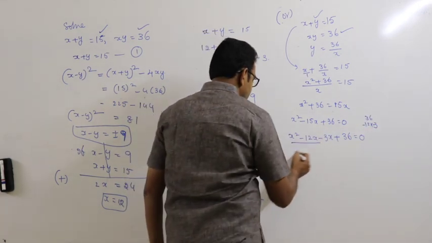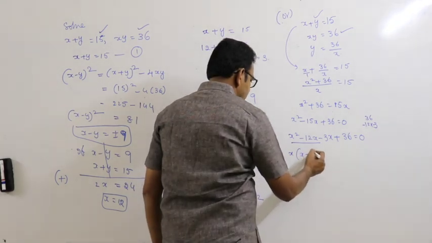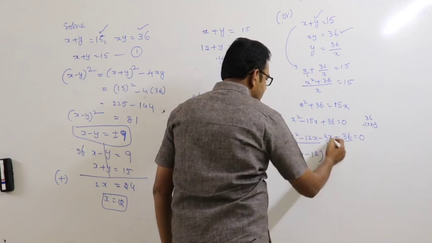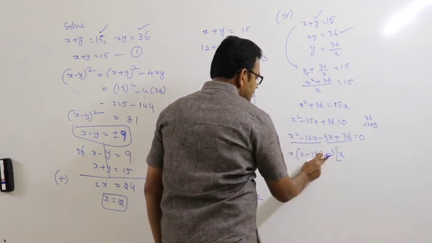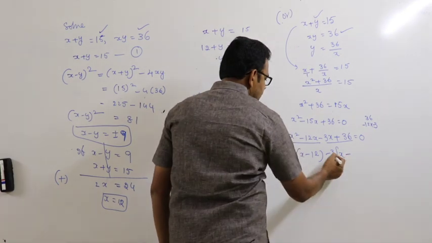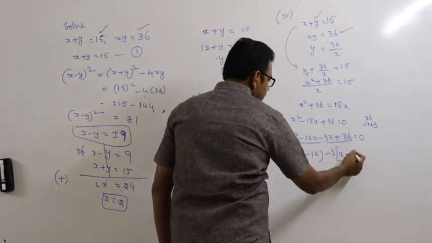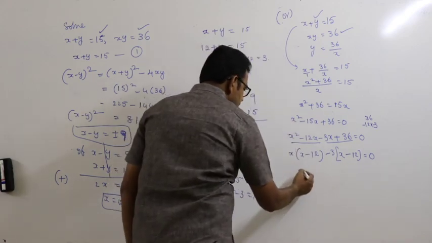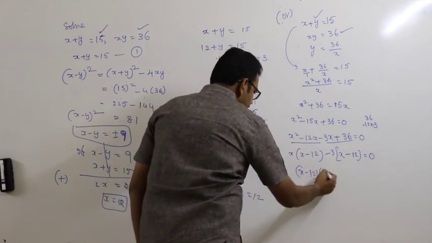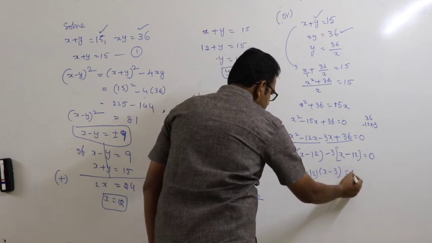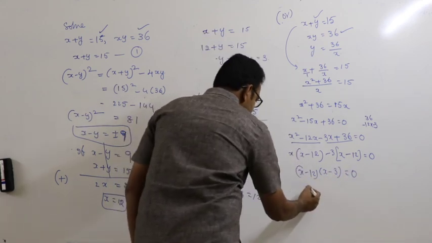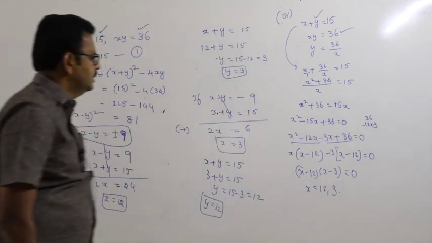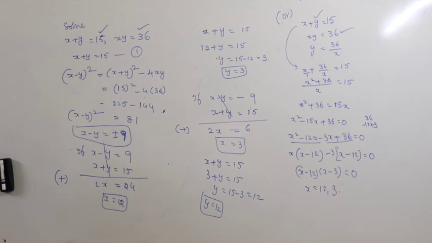So in these two, x is common, x minus 12; in these two, taking minus 3 common, x minus 12 is left. It is x minus 12 into x minus 3 is equal to 0. That is x equal to 12, 3.